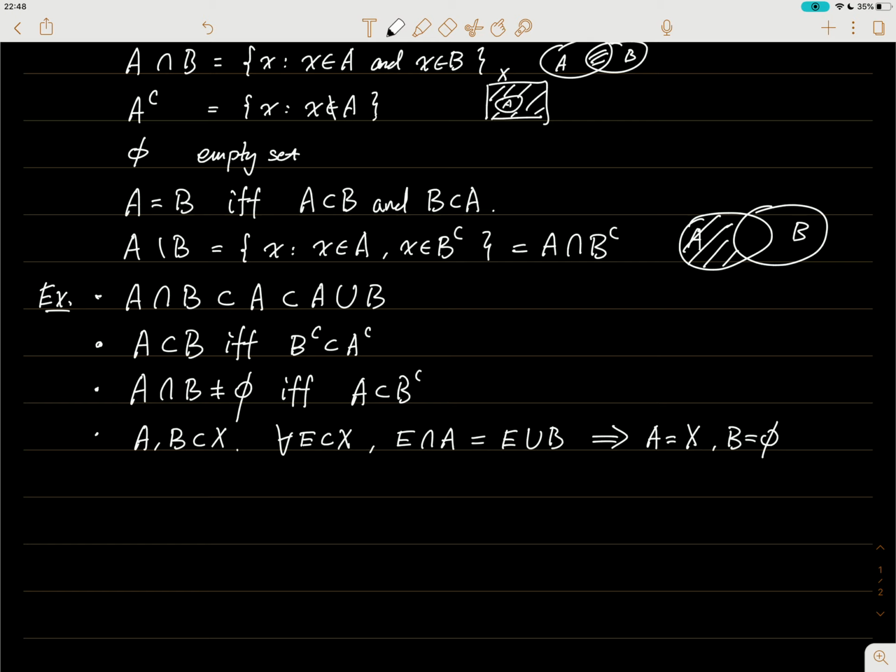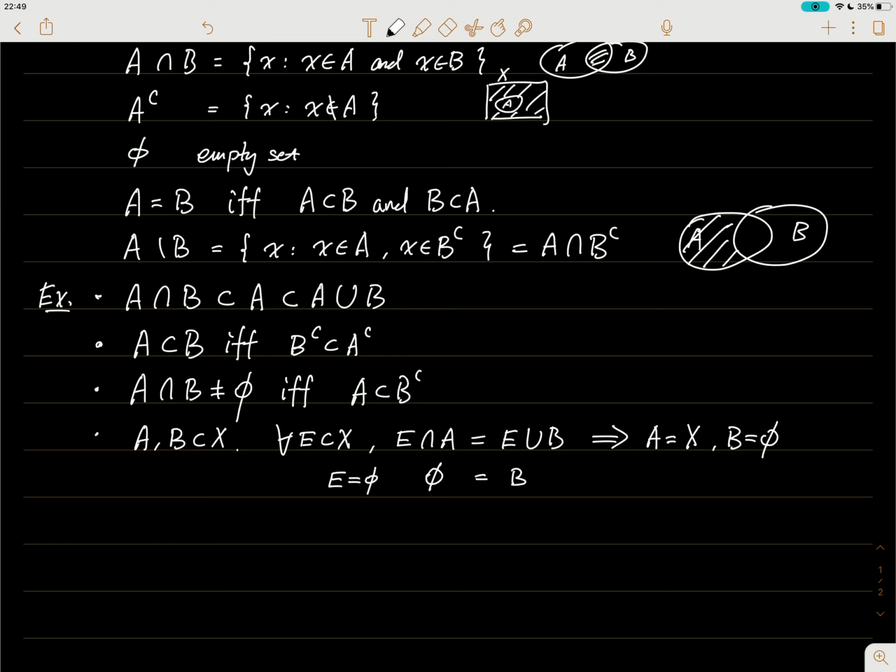And you can see this by taking E as, for example, the empty set. Then the intersection of E and A will be just the empty set, right? And the union of E and B will just be B itself, because E is empty. So the left hand side gives you an empty set, and on the right hand side it gives you B. And these two are equal, that means B is an empty set.